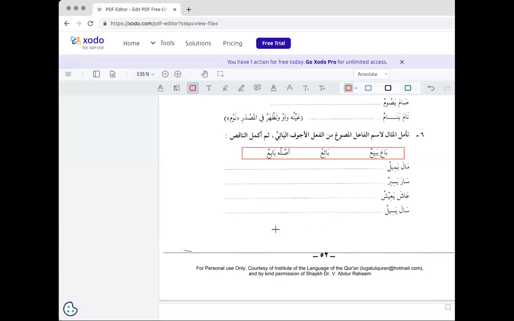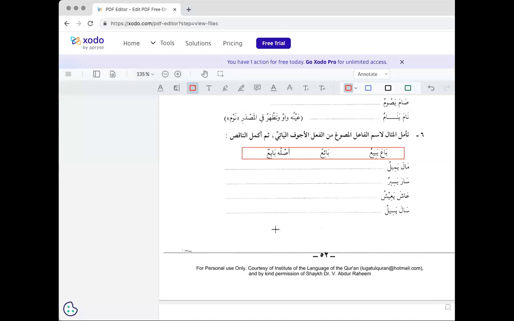And asluhu مايل. Barakallahu feek. Sara yasiru. Sa'irun, and asluhu sayirun.